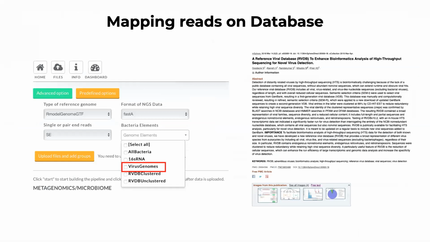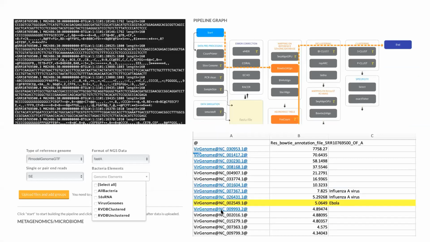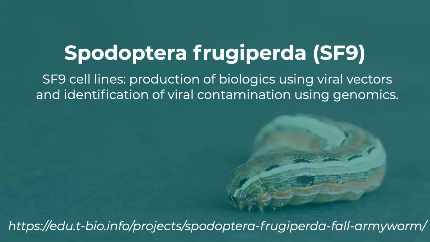And this is one of the questions that we already posed here. You can take a sample from a patient and map those reads that have not been mapped to the host, and map those reads onto a database of viral genomes, and build a pipeline to annotate the presence of specific viruses, right?